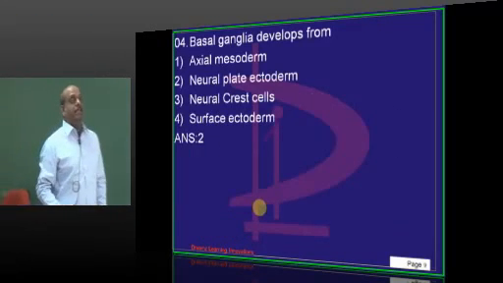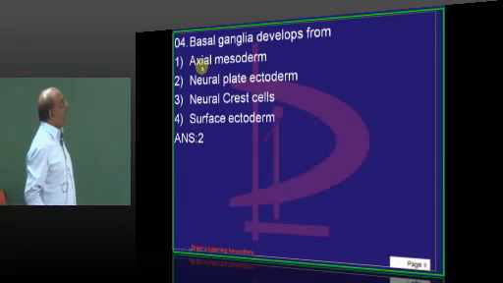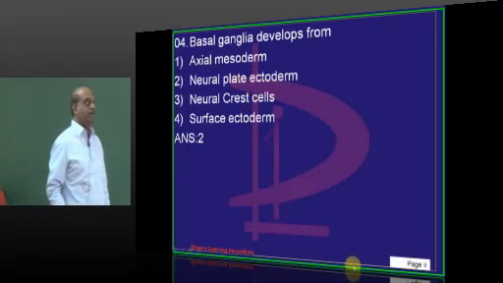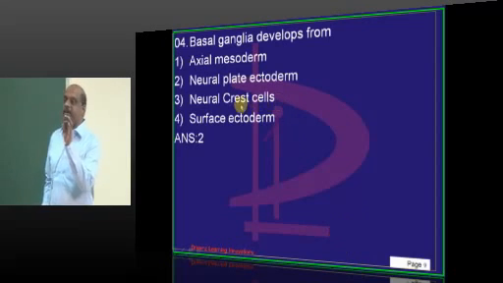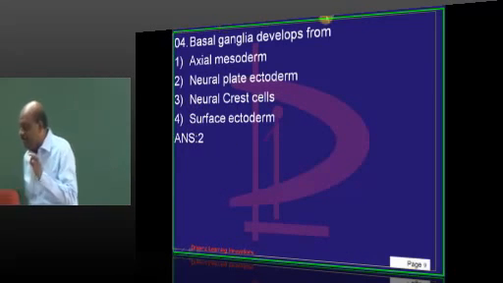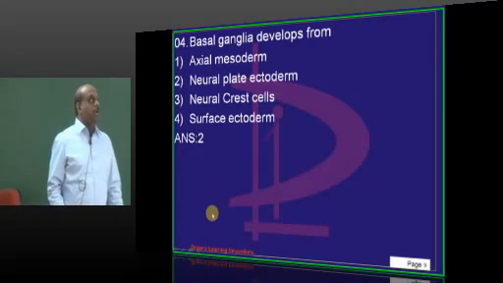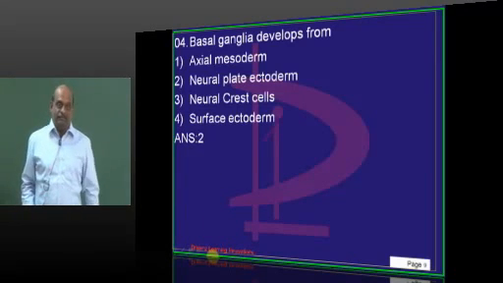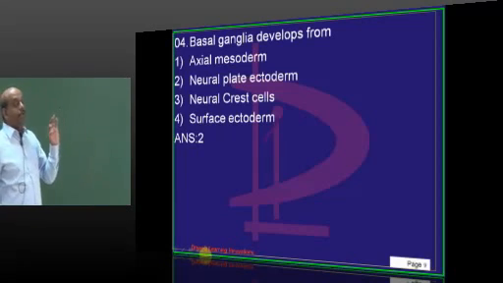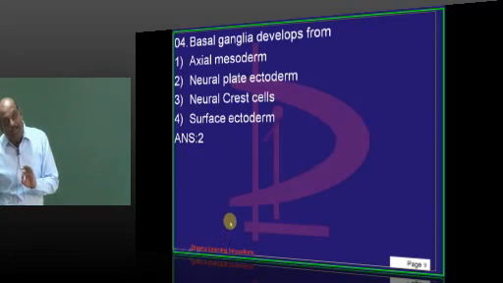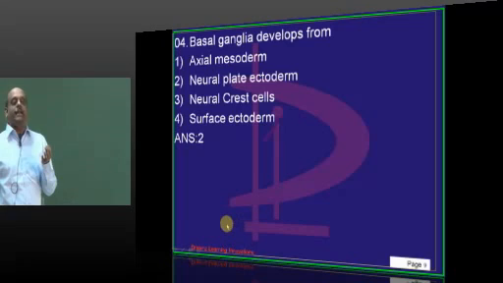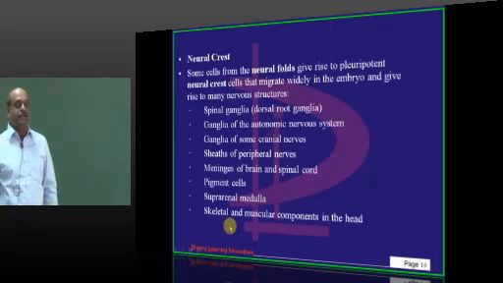Now basal ganglia, from where does it basically develop, doctor? Neural crest derivatives is one of the favorite questions of the examiner. You must know the derivatives of the neural crest and of the neural plate ectoderm, which are different from one another.